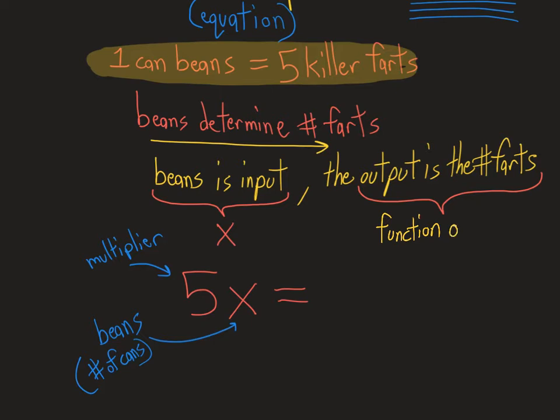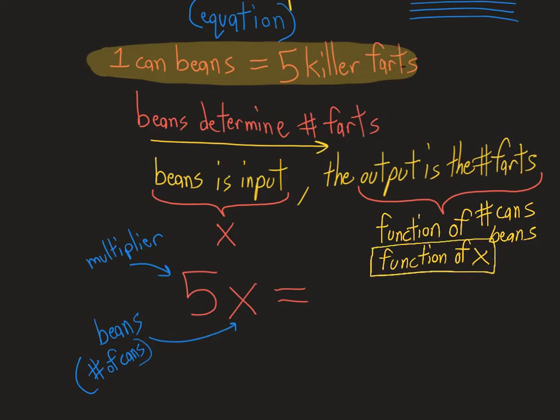So it's really a function of the number of cans of beans, which is just to say a function of x. So the output, another way to say it is a function of x as the input. And the way that they denote that in equations is they turn the function into just the letter f, and then to say of x, they put it in parentheses.